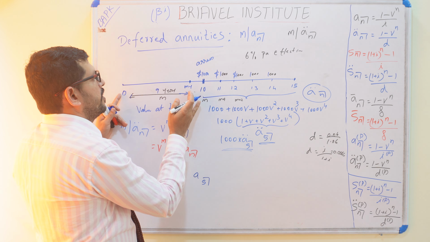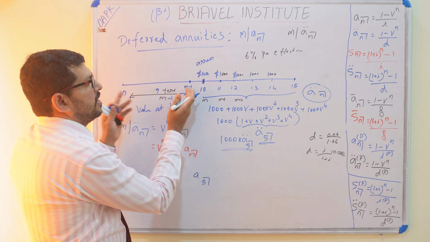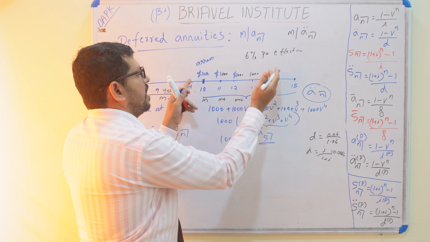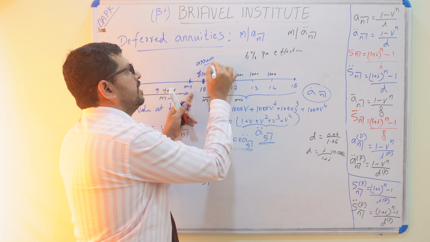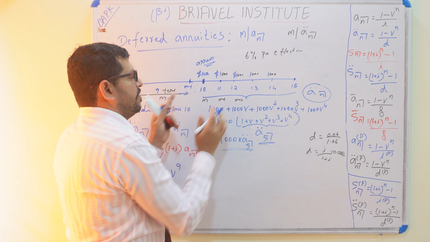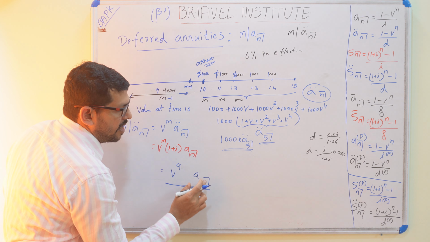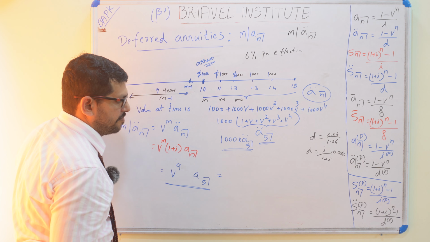So this is the m minus 1 period, the deferred period. From here to here, this is the an. Every year it is payment in arrears. So 1000 for 5 years we are paying, so v raised to 9 an. This formula also gives the same.